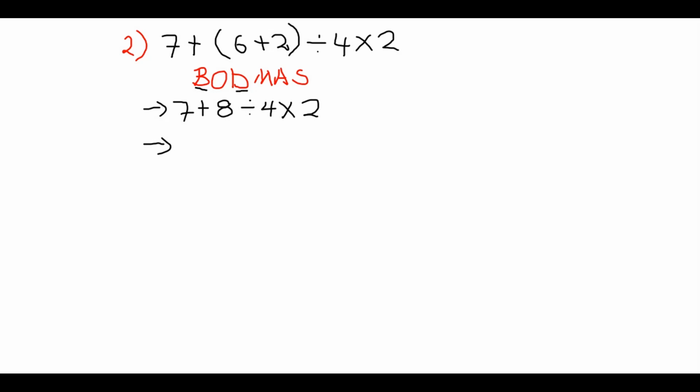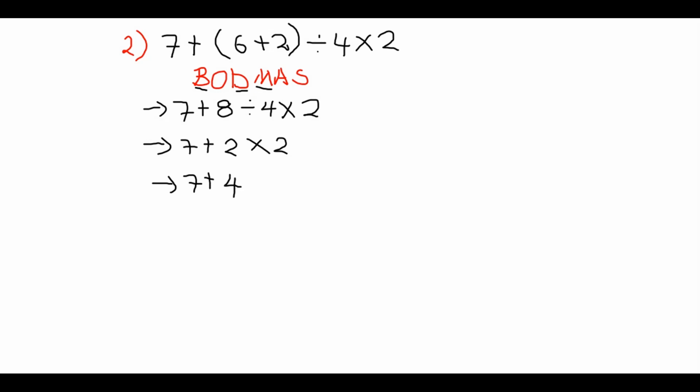We have these two numbers, 8 divided by 4. So we say 7 plus 8 divided by 4 gives us 2, and then multiply by 2. From there we go to the next step, which is multiplication. We are multiplying 2 times 2. We write the 7 the same way, plus 2 times 2, which gives us 4.